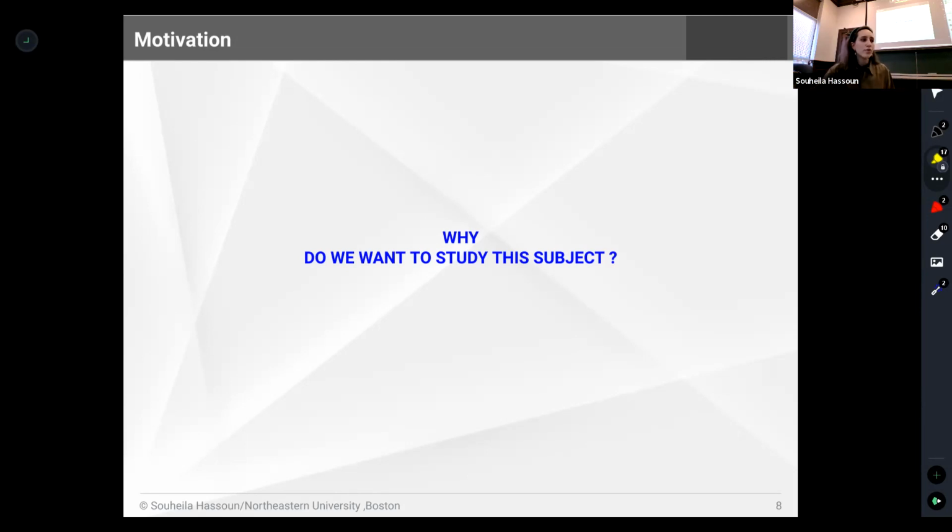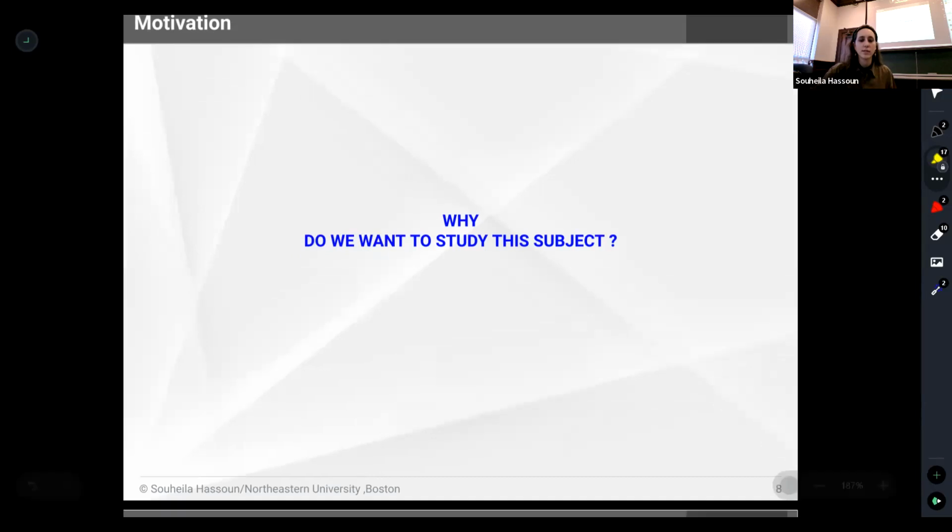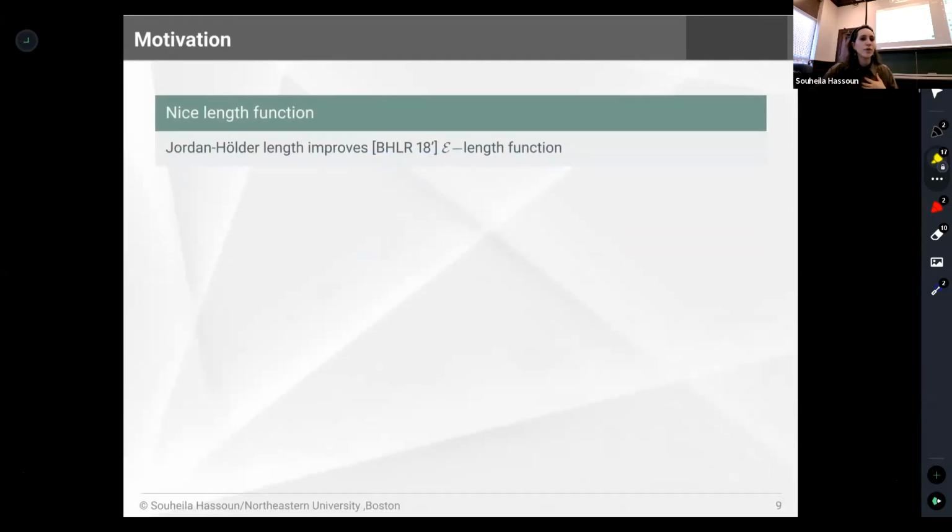And in different settings, they give us more freedom to do things, like, for example, in functional analysis, etc. So our motivation came first from wanting to generalize the Gabriel-Roiter measure, which is a measure used to prove the Brauer-Thrall conjecture. And to do so, we needed some length function. So that started our motivation.